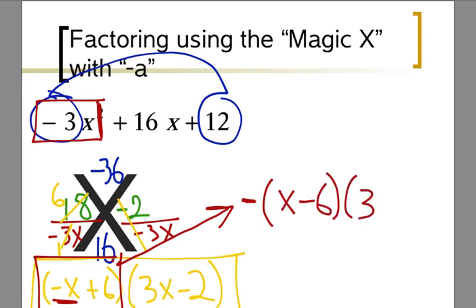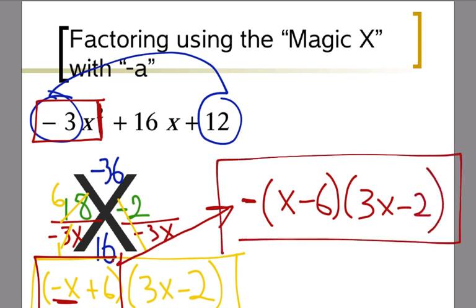It might be a better answer. It's a little unusual to have a negative sign in front of an x in the parentheses like that, but it doesn't make that much of a difference, and we can have our negative sign out in front like that. So either answer is fine. If you wrote this bottom answer and then the lab marked it wrong on a test, let me know, and I'll give you the points for that.